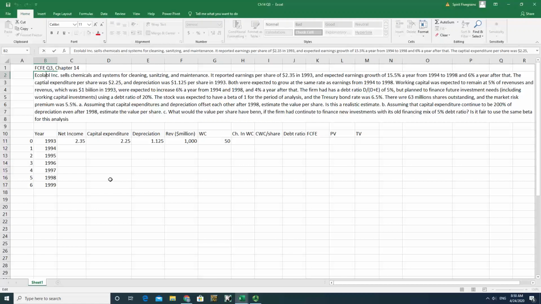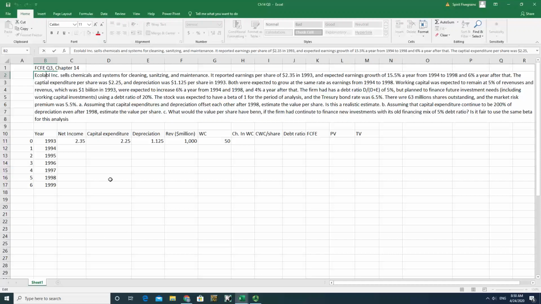The company has a debt ratio of 5%, which is debt divided by debt plus equity. But it plans to finance future investment needs, including working capital investments, using a debt ratio of 20%. So in the future, the debt ratio will change to 20%. In the past, it was 5%, but in the future, you might use this 20%.